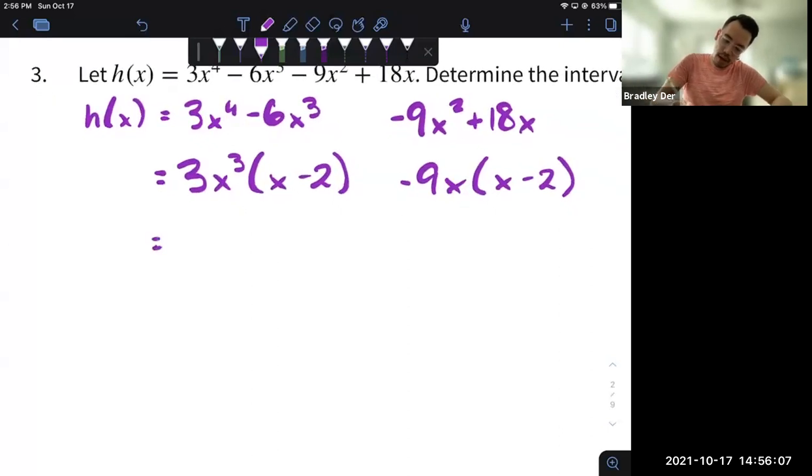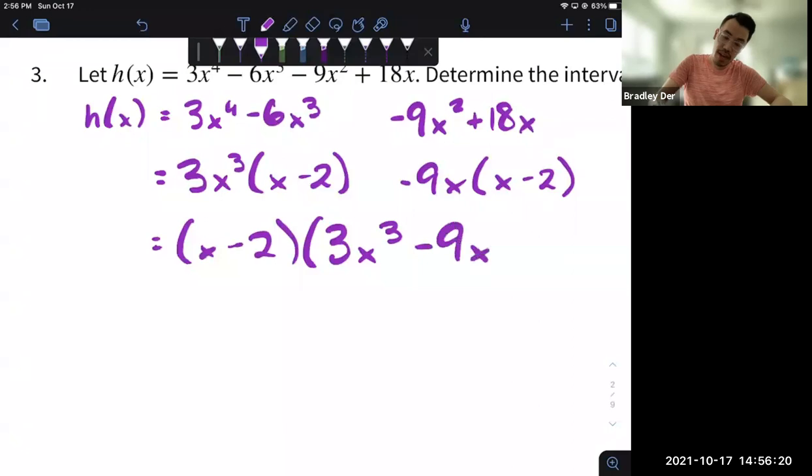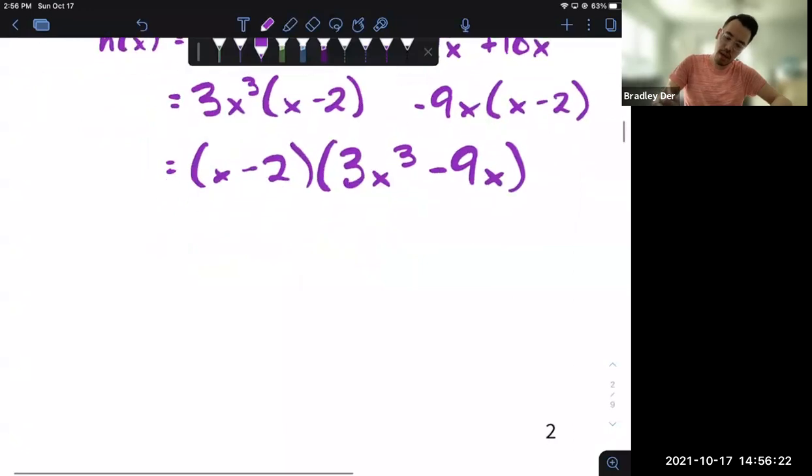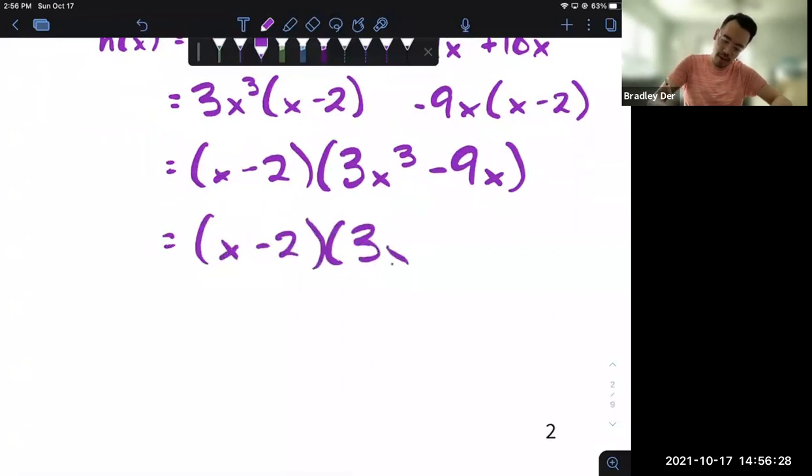So then between these two terms, x minus 2 can be factored out, leaving behind an x cubed minus 9x. And then I'm seeing that GCF in the latter term, which I should have factored out at the beginning. But you know what makes this so nice is that I can do these in different orders.